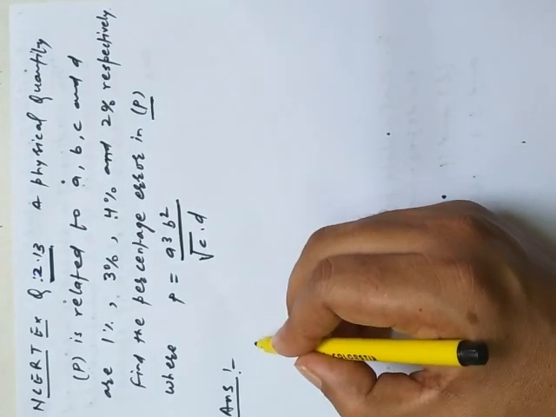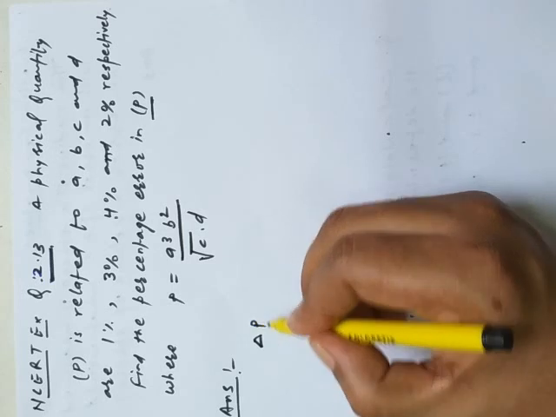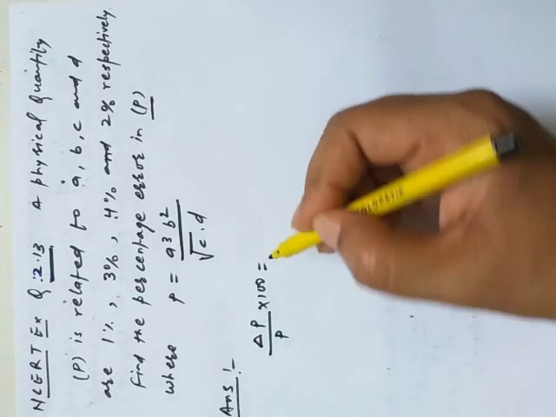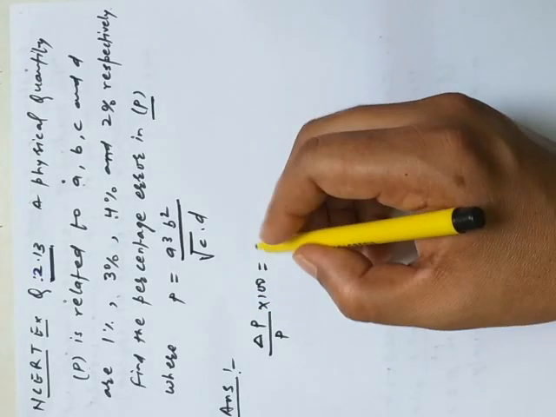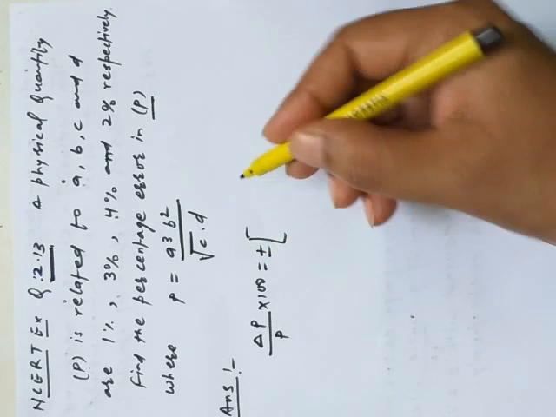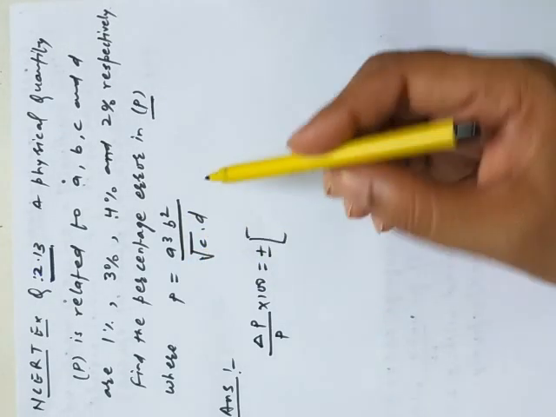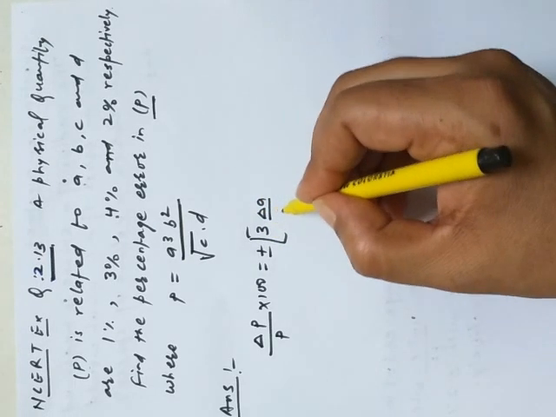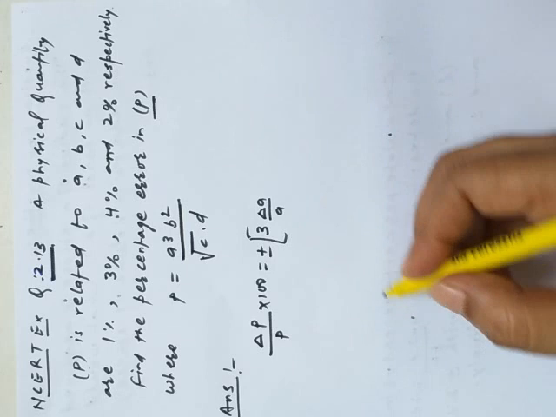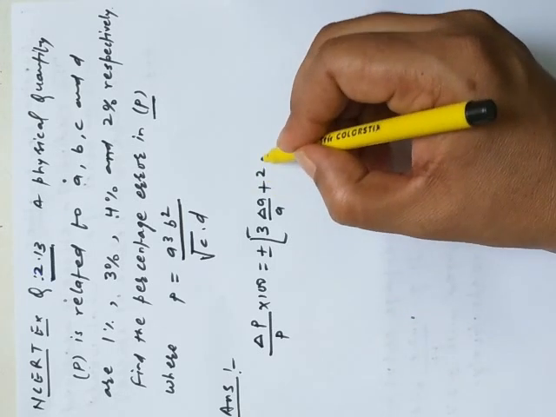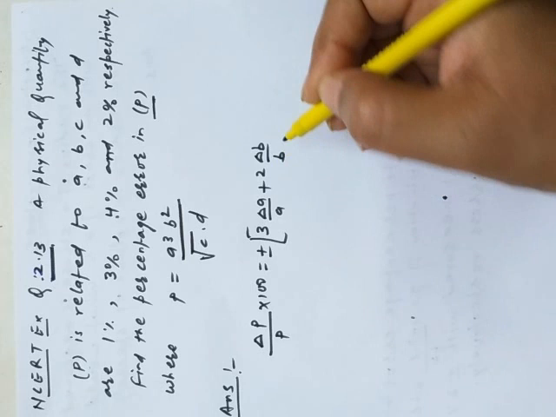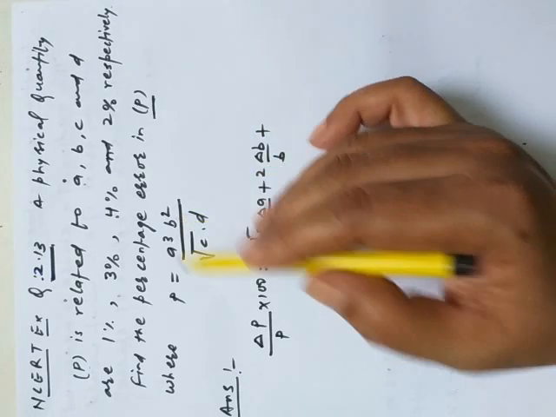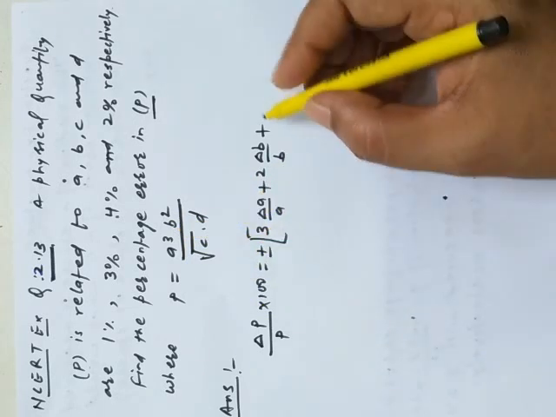So the percentage error in P can be dictated by delta P upon P into 100, that is the percentage error formula. So plus minus. Now I am converting all the quantities in the fractional manner. Power 3 multiplied by the fraction delta A upon A, plus 2 delta B upon B, students, plus power of C, that is 1 by 2, and we take it from the above part with the minus sign, so the minus sign doesn't create any impact.